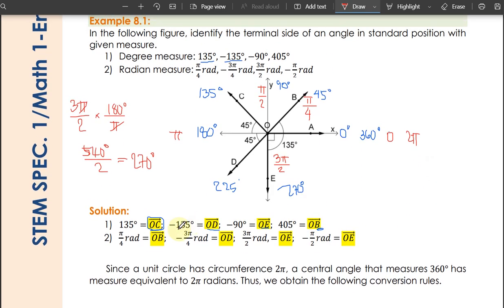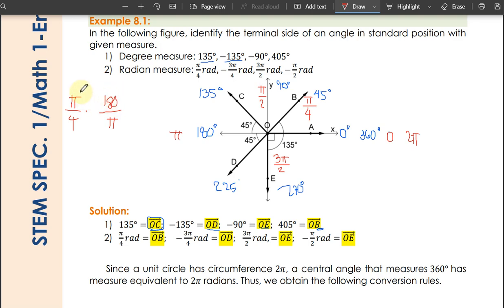Okay, so for this number 2 example, since we already know how to convert into radians, from radians to degrees, so we are going to convert this into degrees. So pi over 4, you multiply it by, since pi is on top, you multiply by the one with pi at the bottom, then 180.